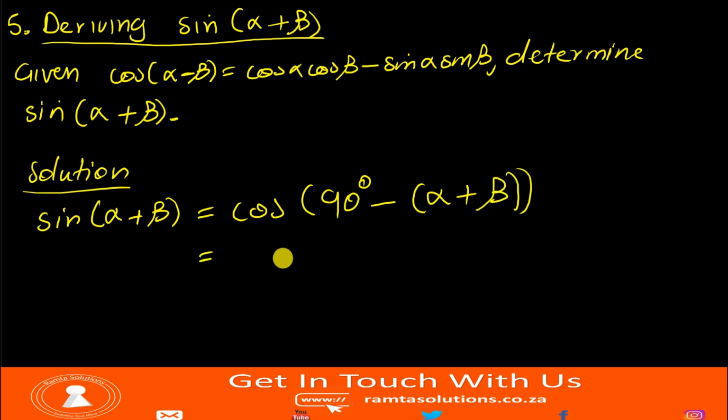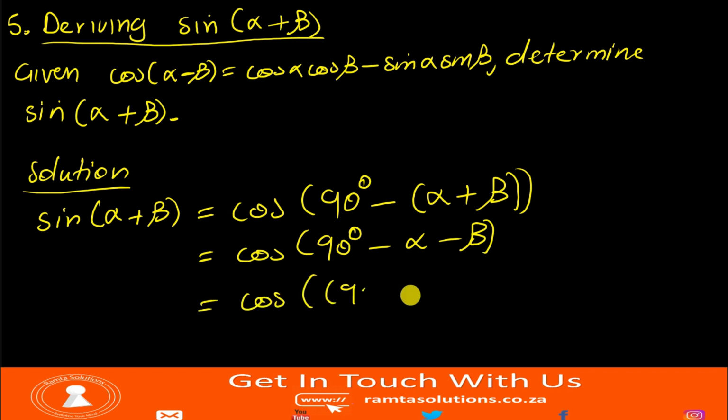Okay, now what is this? This is cos 90 degrees minus alpha minus beta. If you like, this could be 90 degrees minus alpha, you can group it, minus beta. So this is now okay. Even the previous method was also okay, but I prefer to go this route.